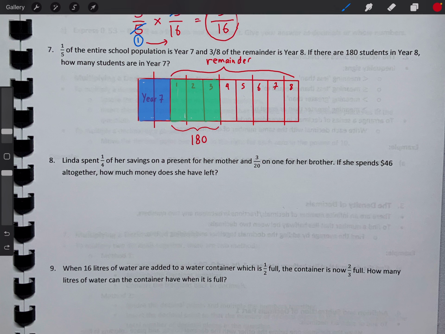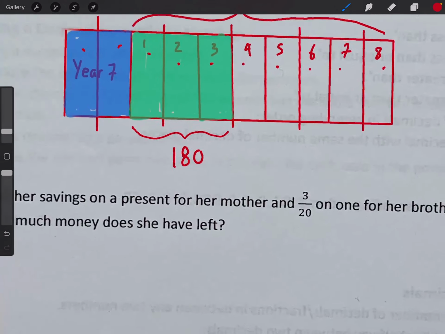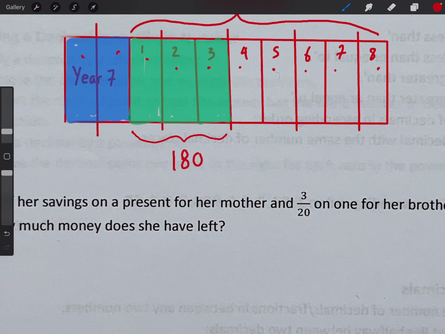We got 10 pieces altogether, 1, 2, 3, 4, 5, 6, 7, 8, 9, 10. We cut into 10 equal pieces. Now we know that 3 of those pieces are 180. So how much is 1 piece? We take 180, divide it by 3, and we get 60. That means each of these pieces is worth 60 people.